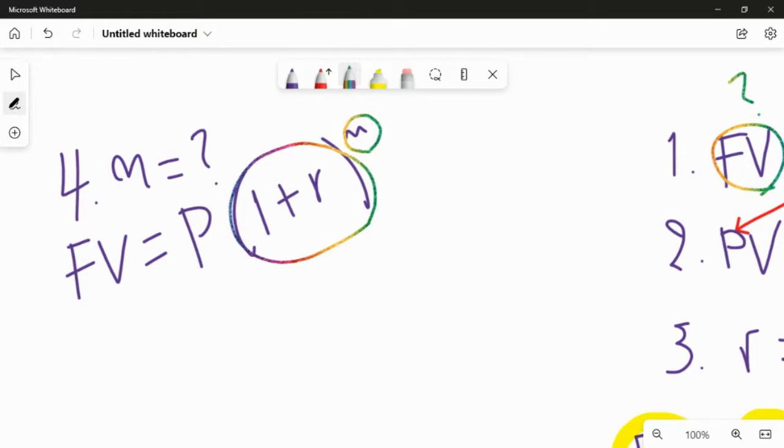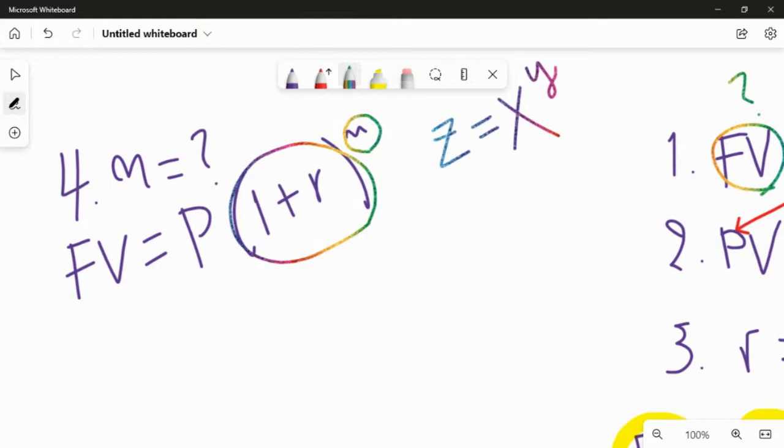This is not the usual pattern. It's not z equals x times y format, but z equals x raised to y format.